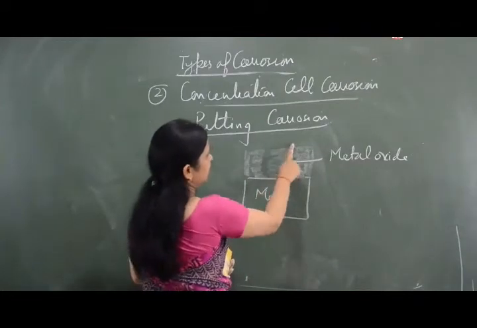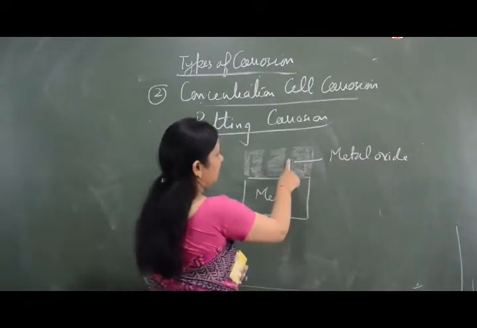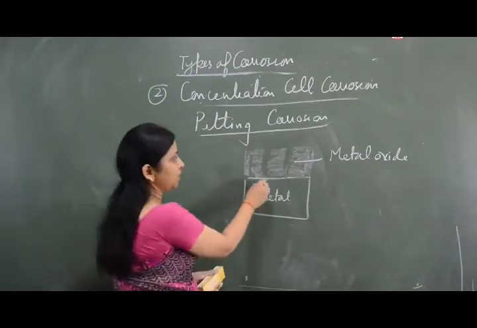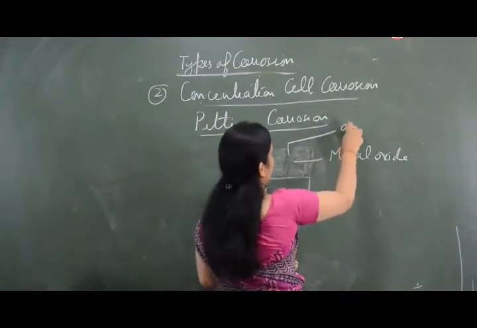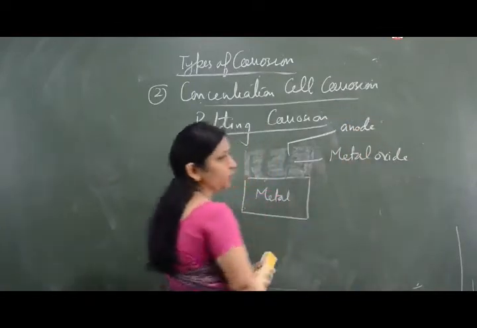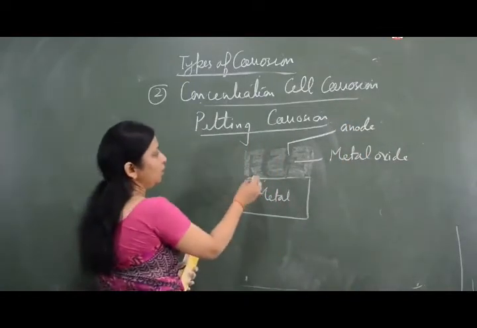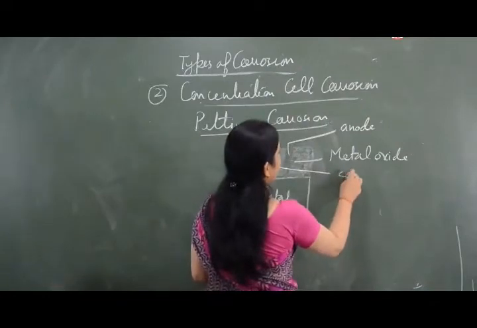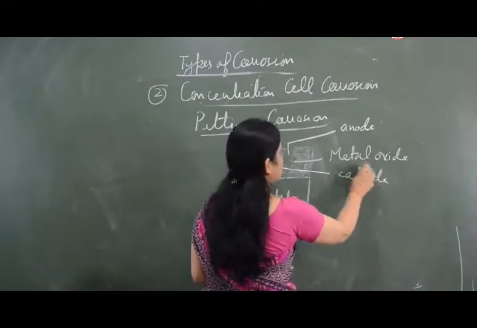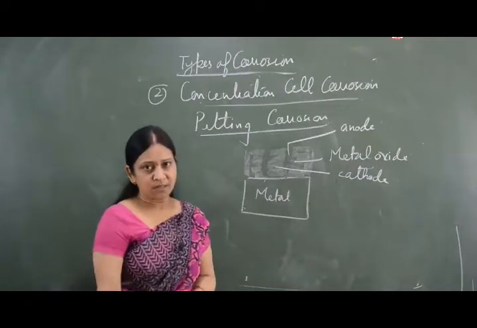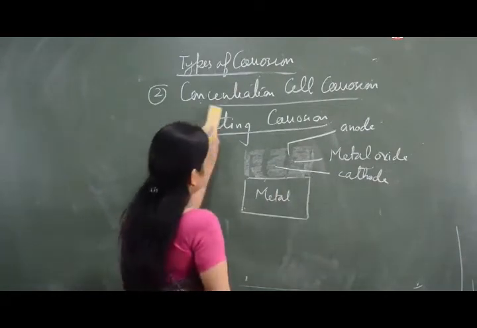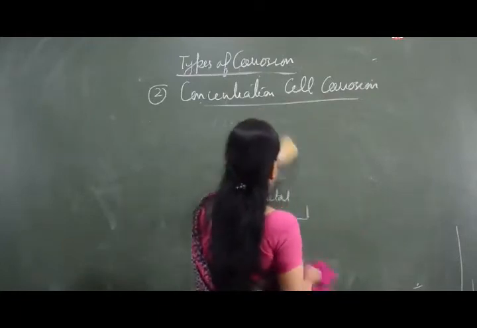So these are the cracks which are developed. When these cracks develop, the metal beneath gets exposed. The portion where the crack develops is going to act as anode, and the unbroken portion acts as cathode. Once the cathodic and anodic areas are separated, an electrochemical cell is set up. This is pitting corrosion.